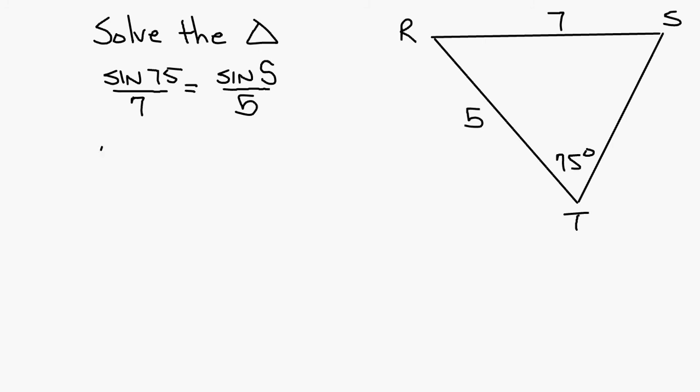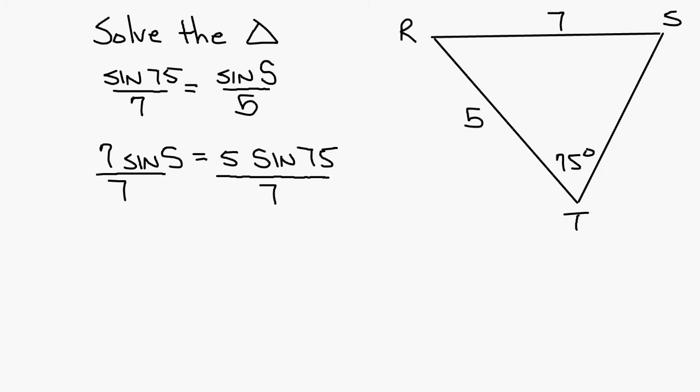So 7 times sine S is going to be equal to 5 times sine 75. If you divide both sides by 7, then the sine of angle S equals 5 times sine 75 divided by 7.